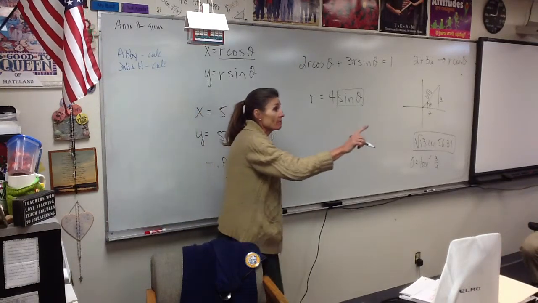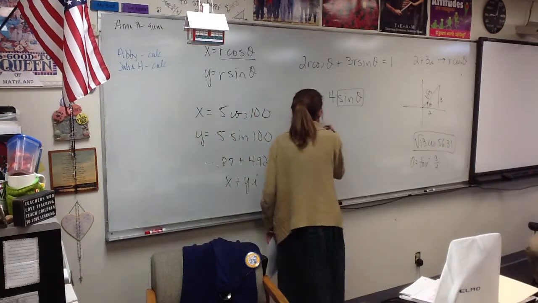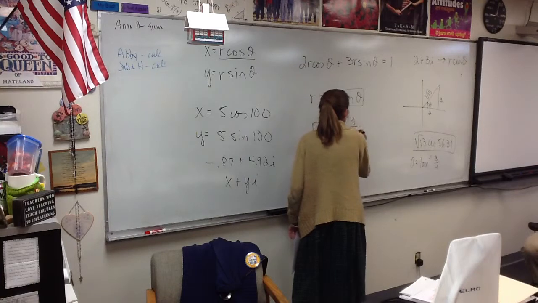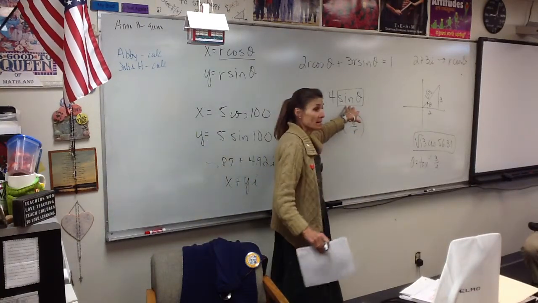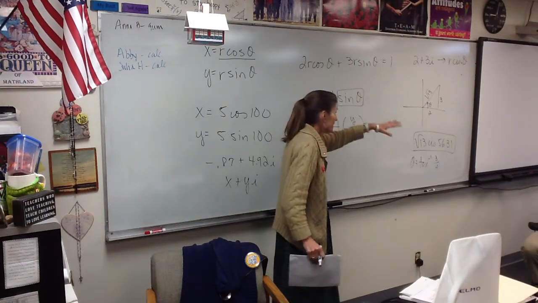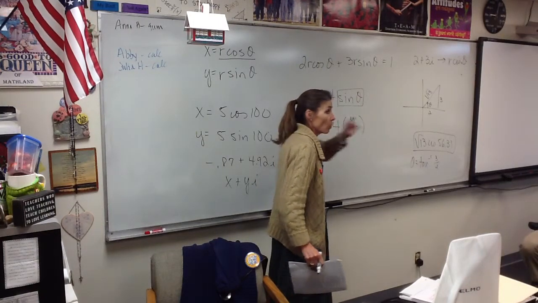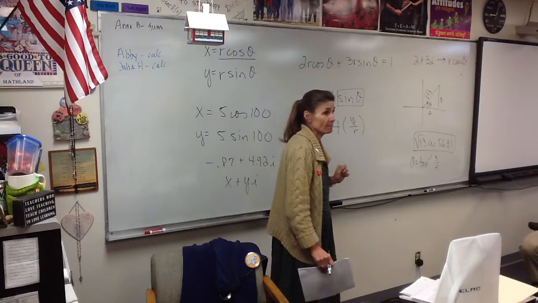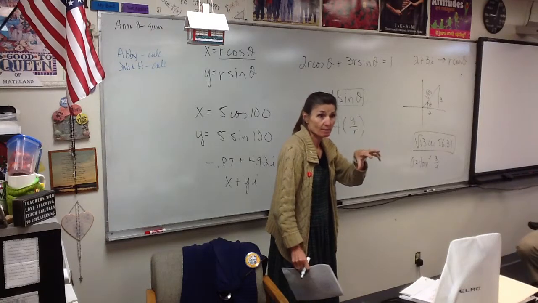Y over r. So we take out the sine and we replace it with y over r. What if that had been a cosine? Then it's x over r. What if it had been a tangent? Then it's y over x. You got it. So whatever function is there, you're going to replace it.